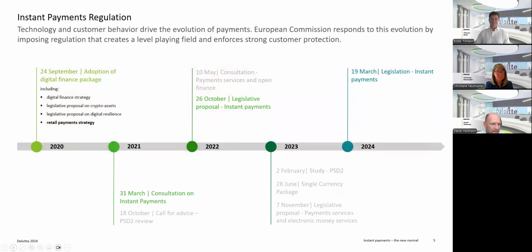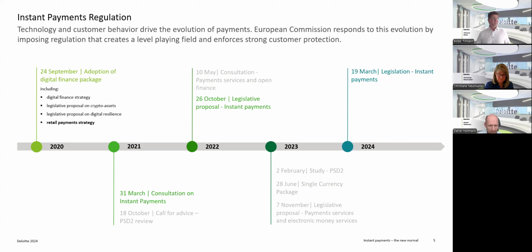So when we go to the next slide, we've drawn here the regulatory timeline from the European Commission since the go live of the PSD2, which ended with the RTS on strong SCA and secure communication in 2019. And in 2020, the European Commission published a digital finance package, and in this digital finance package, there was also the retail payments strategy.